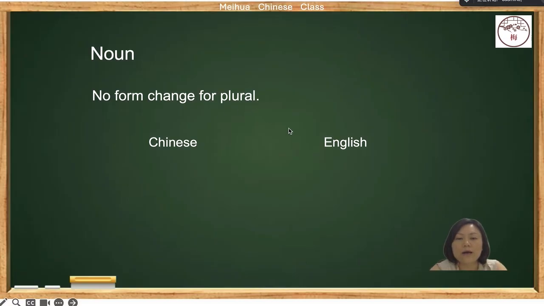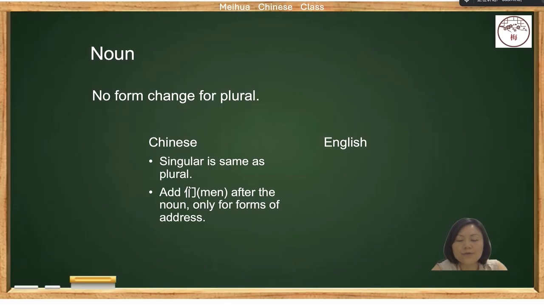So in English, we often change the form of noun to its corresponding plural form, right? When it is not a single atom. But in Chinese, the singular form is same as plural form.